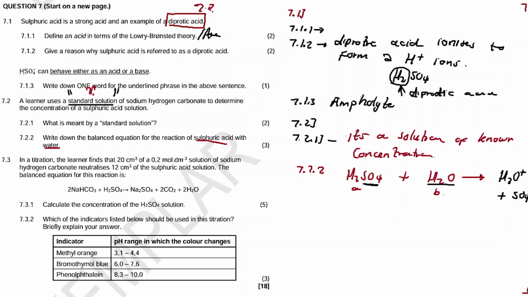So the H2SO4 must lose all its protons, it must donate all its protons. Why? It ionizes completely. So all those hydrogens go to the water, then we will have SO4 2-, and H3O+. Alright, so now we have to balance.